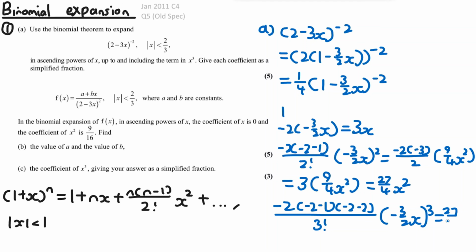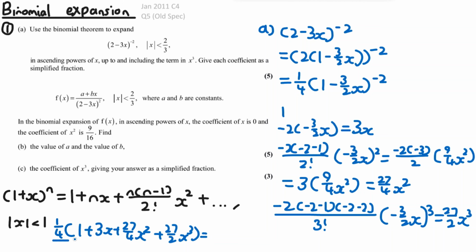And then x to the power of 3. So therefore this here is going to be equal to 1 over 4 of 1 minus 3 over 2x. So it's going to be equal to these terms added together. So 1 plus 3x plus 27 over 4x squared plus 27 over 2x cubed.